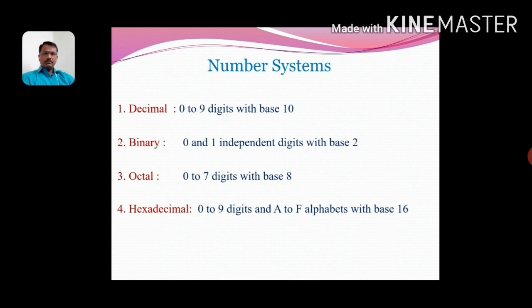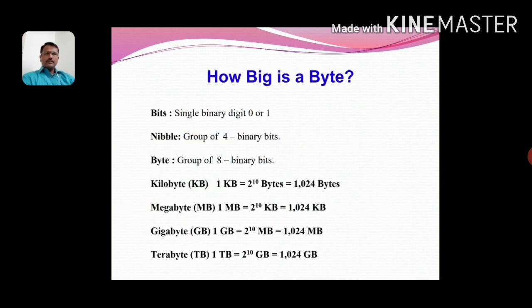And hexadecimal number system consists of 0 to 9, 10 digits, and A to F, 6 alphabets. So 10 digits plus 6 alphabets, total 16, therefore its base is 16. From here, binary and hexadecimal number systems are very important for us while learning microprocessor. Therefore, we will focus on these 2 number systems.